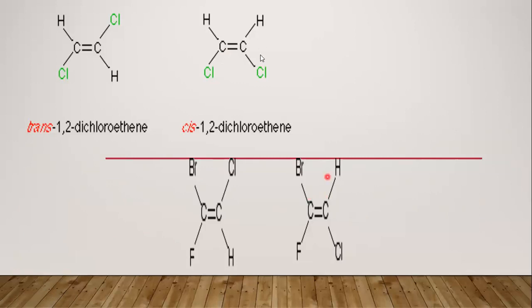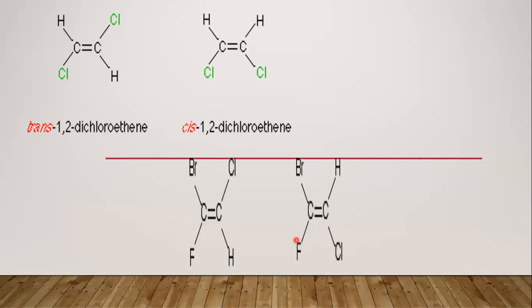Here, the same substitutions in both carbons. But here, in the first carbon, I have H and Cl, but in the second carbon, I have Br and F. So different, isn't it? It's okay. So this is the difference.